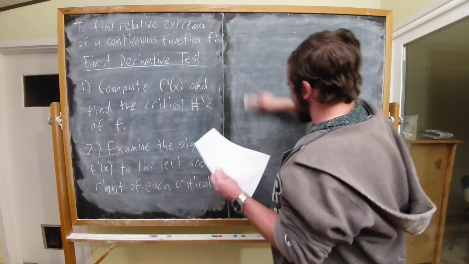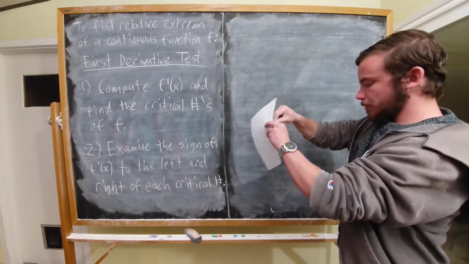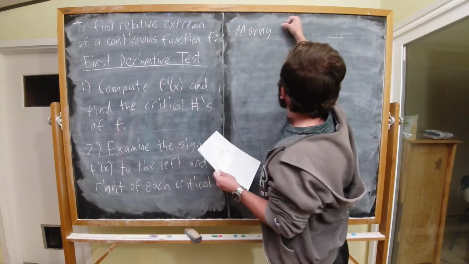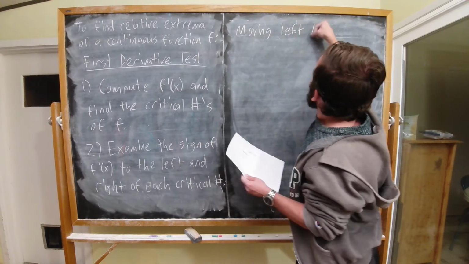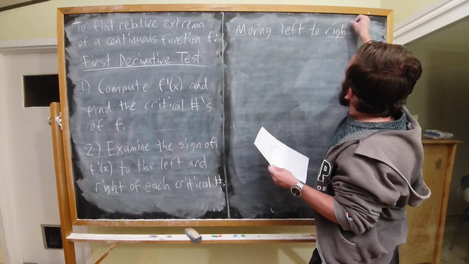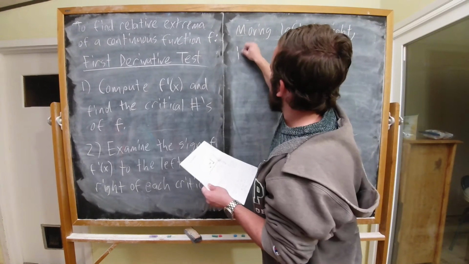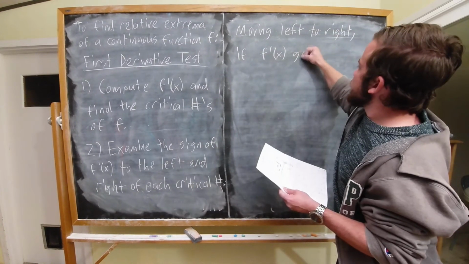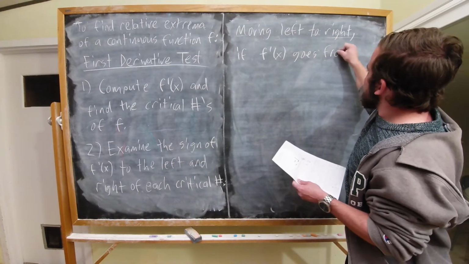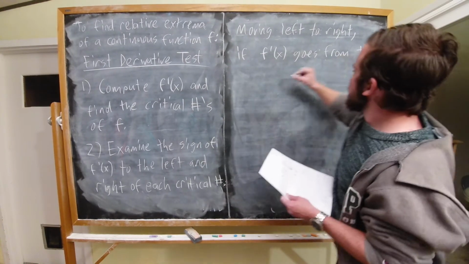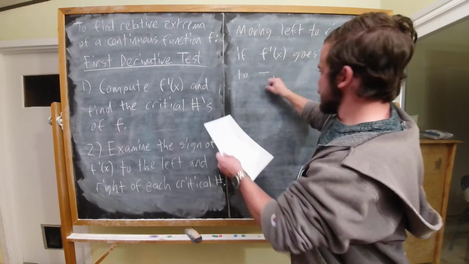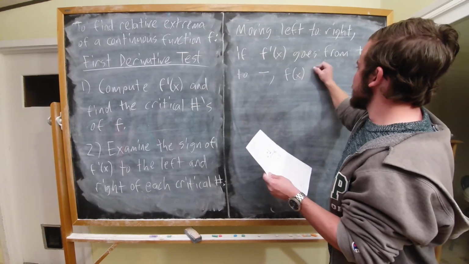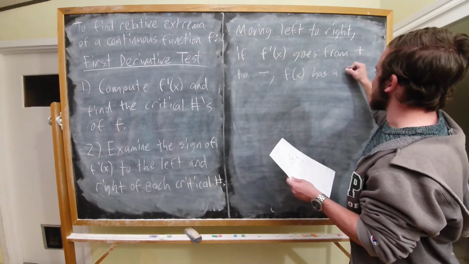So once you've completed the analysis from step 2, moving left to right, if f prime of x goes from positive to negative, then f of x has a relative max.